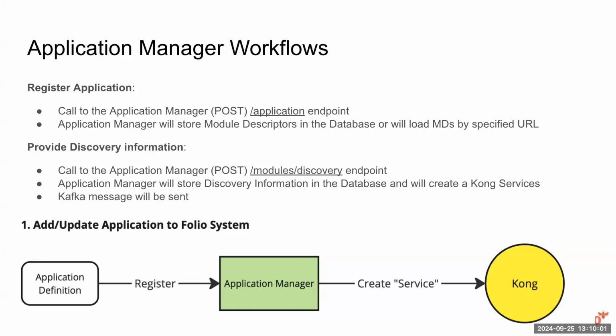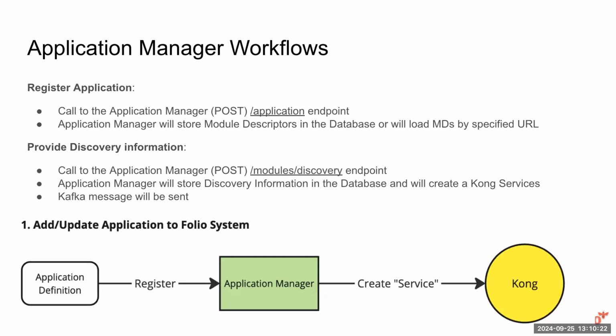Pretty simple operation. The second operation is to provide discovery information. For this purpose, we can also call application manager with a post to the modules discovery endpoint. This simple call will produce the next operations.